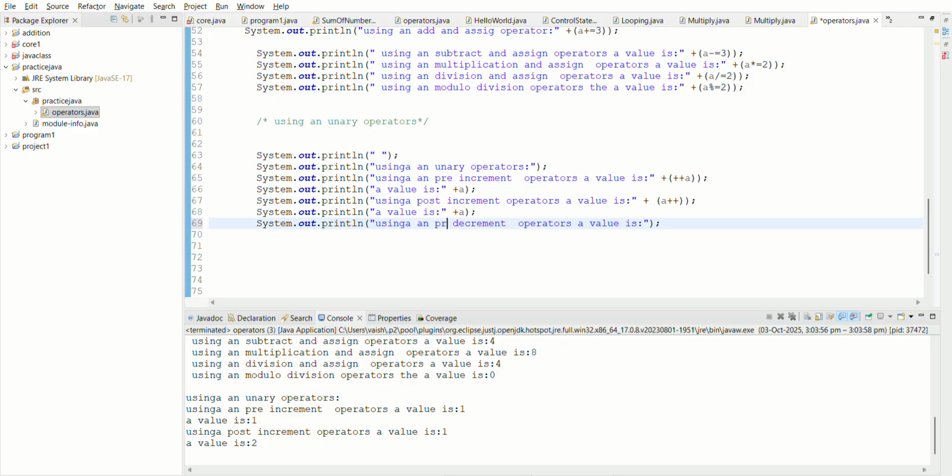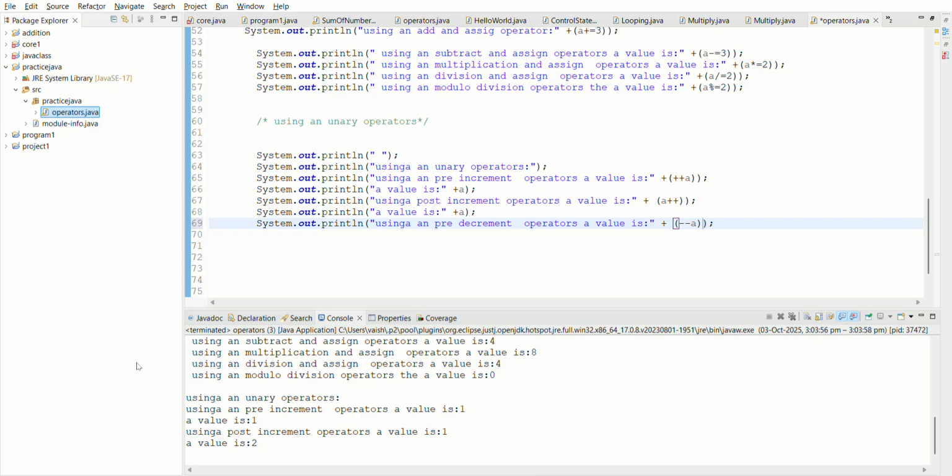Pre-decrement means after decreasing the value by 1, it prints. Here a value 2. So pre-decrement means after decrement, 2 minus 1, we get the output here 1. So minus minus a. This is a pre-decrement, right?